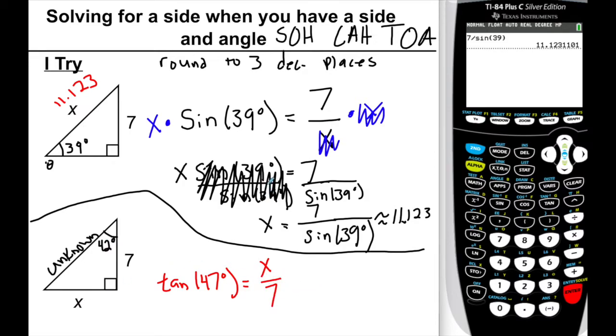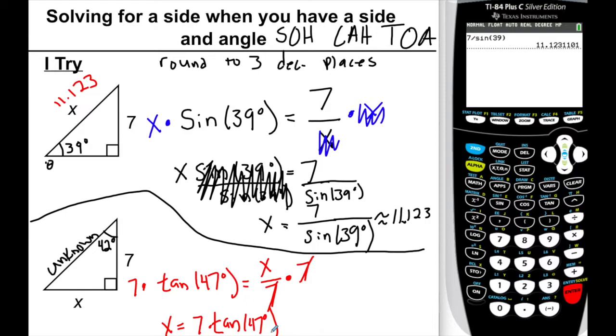This is problem type 2, because this is a problem where x is on the top rather than on the bottom. This is a little bit different and even a little bit easier, because now all I have to do is multiply by 7, which cancels out there. So x is equal to 7 times the tangent of 47 degrees.